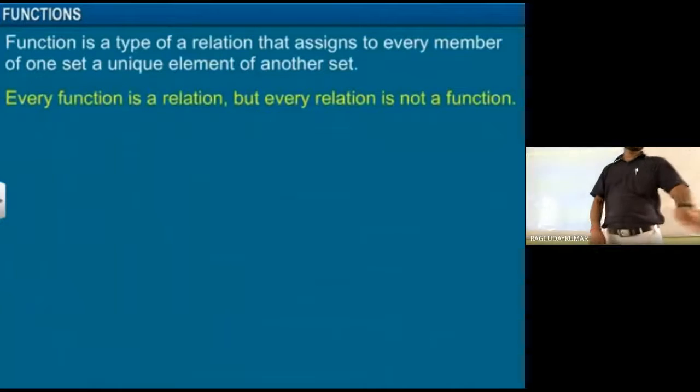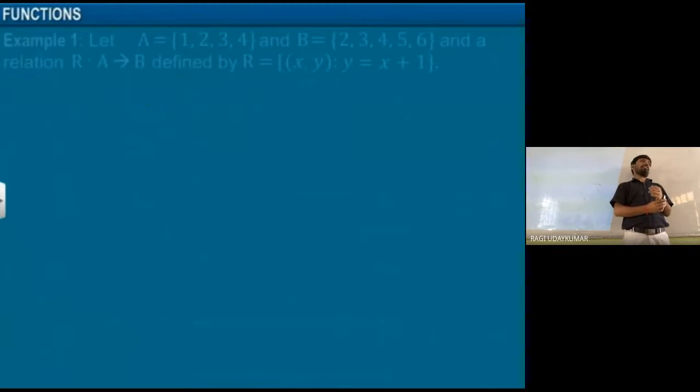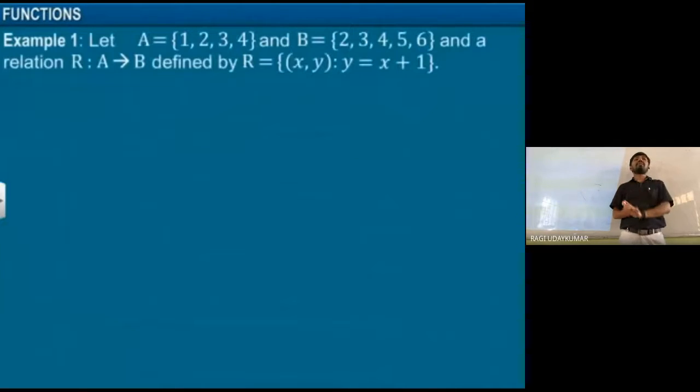So here every function is a relation, but every relation need not be a function. One example let us take into consideration, whatever example we have taken, that is y is equal to x plus 1, which is the relation.